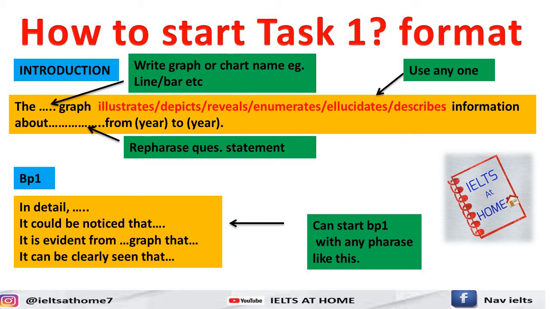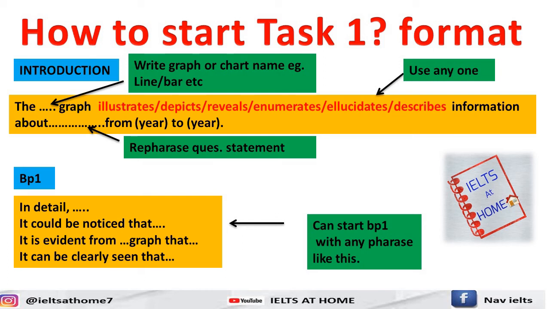After that, you need to rephrase the question statement, or mention the data which is given in the question. And at the end, you need to mention the time period. You can use from year to year, where you put the years which are given, or if there is only 1 year, then you can write during that year.